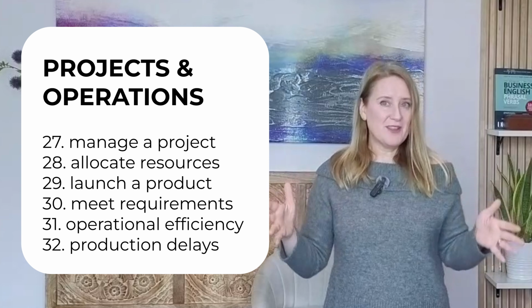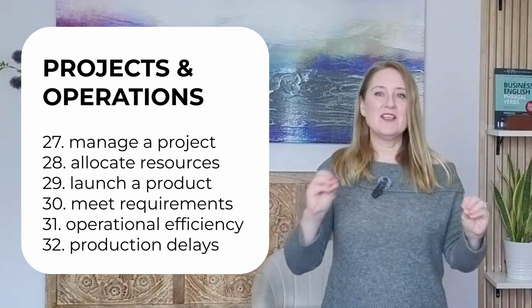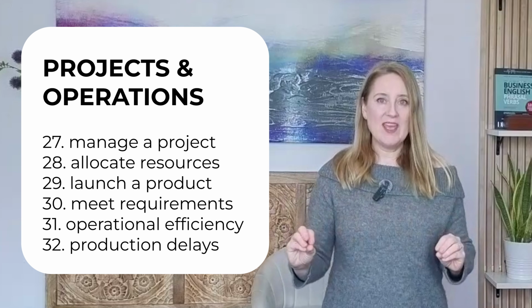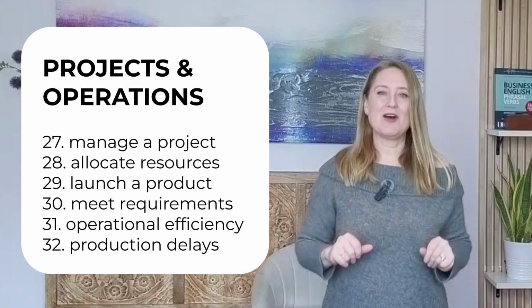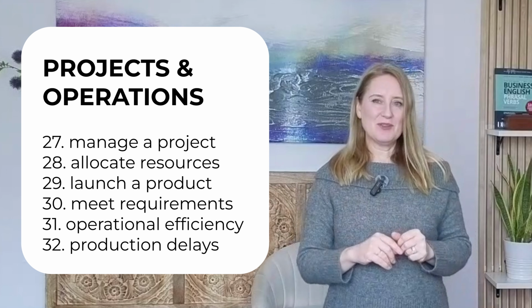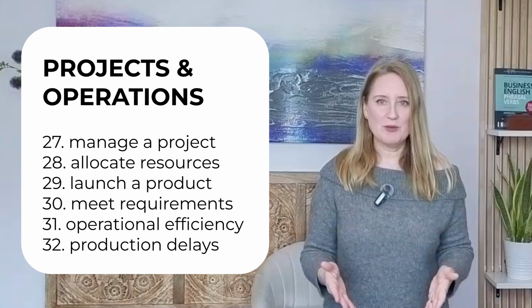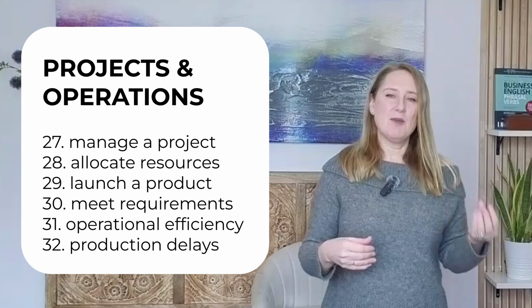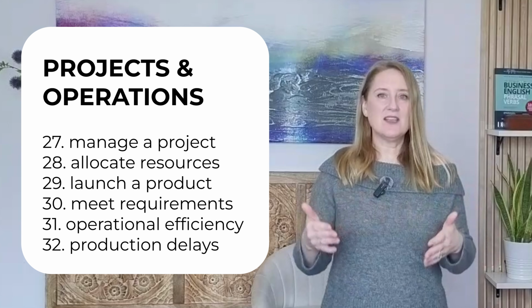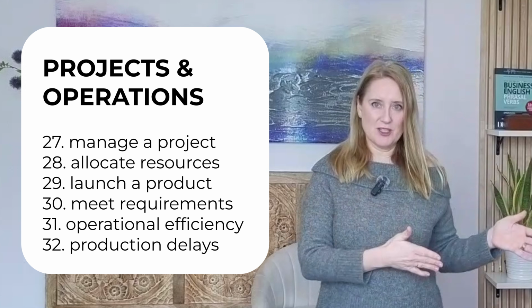Spending is not bigger than it should be. And everyone is used in the most efficient way, and products and departments are working beautifully. This is operational efficiency. And the last one is production delays. Now, if you're producing something and there's a delay, and this does happen very often, a production delay is just a delay because of production.